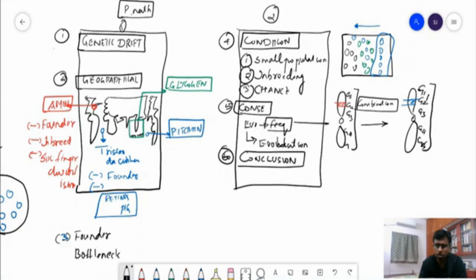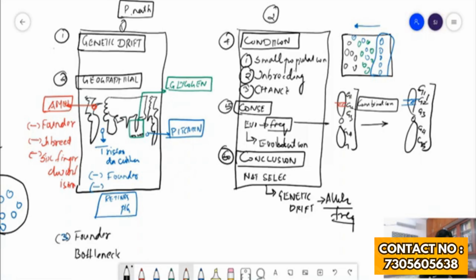As I told, natural selection is one method, but you can have genetic drift for change in allele frequency giving rise to evolution. And this is the question we have got.